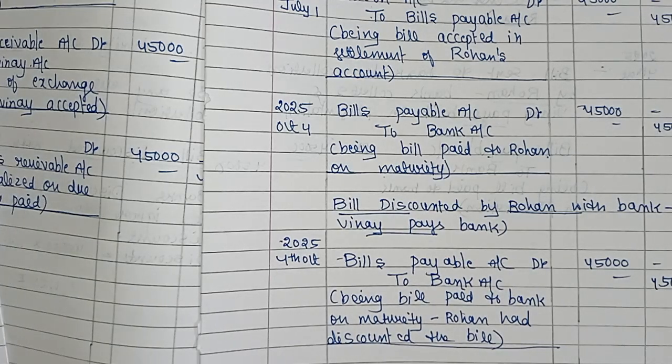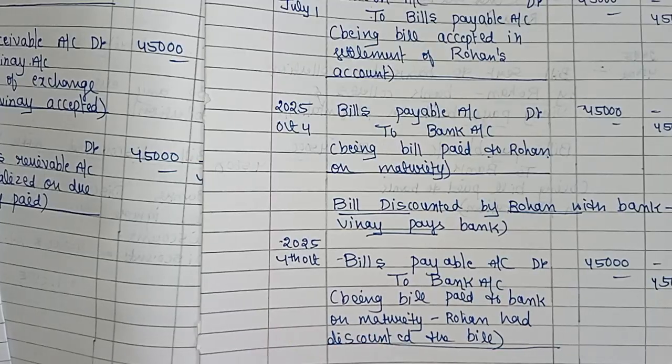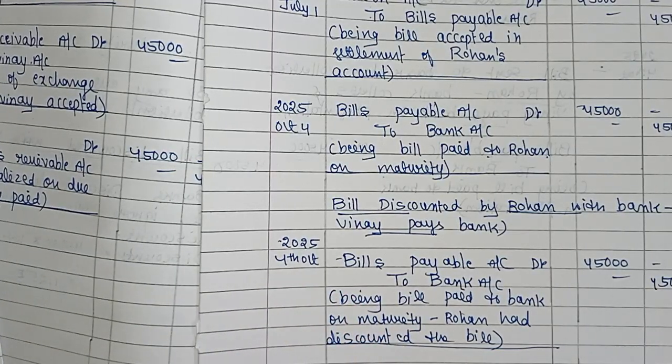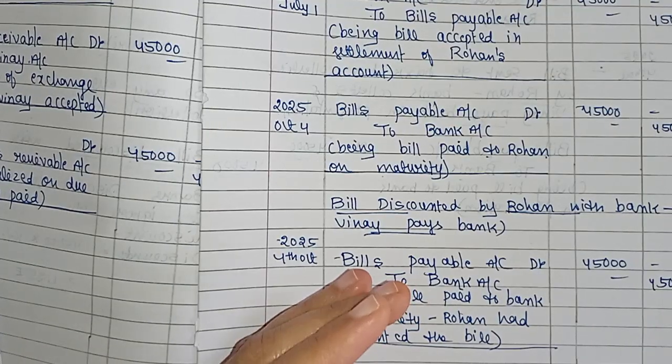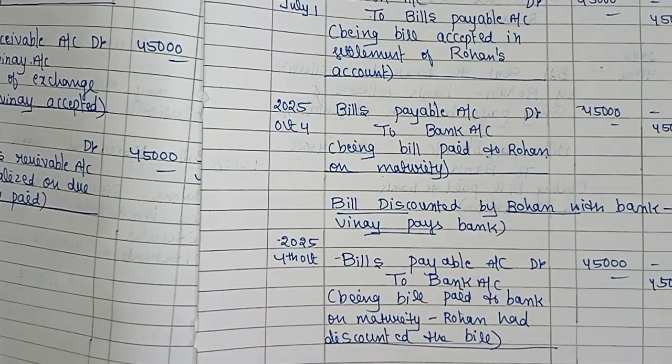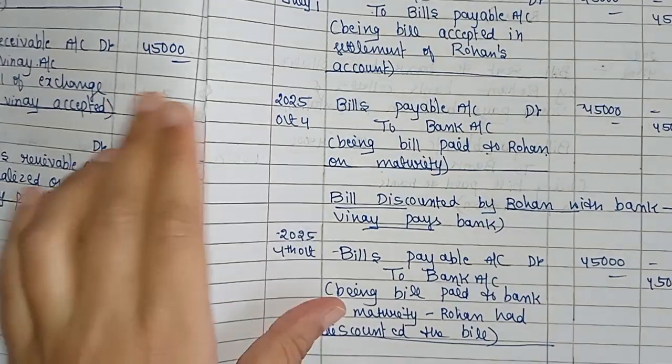Clear? It means when Rohan discounts the bill with the bank, he is taking cash from the bank before the due date. Clear? Vinay is not involved in this discounting process.